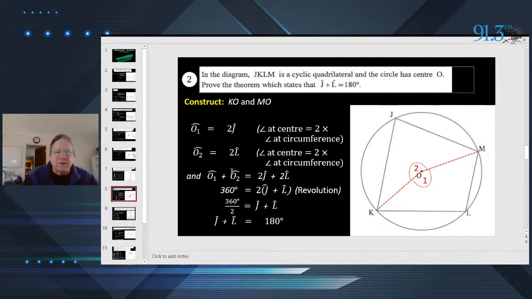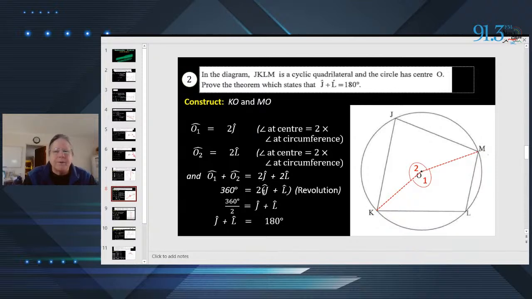And now we do some algebra here. So we add O1 and O2 from up top. And because we add those two, we can add the 2J and the 2L on the right-hand side. Now, O1 and O2 is 360 because it's a revolution. It goes right around. And we factorize this 2J plus 2L.